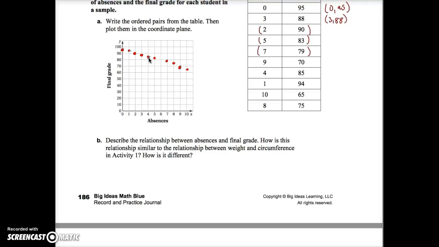Now, B says describe the relationship between absences and final grade. So it's clearly showing the more absences, the lower their grade. Okay, now how is this relationship similar to the one in activity 1 between the weight and circumference? They both follow a linear pattern.